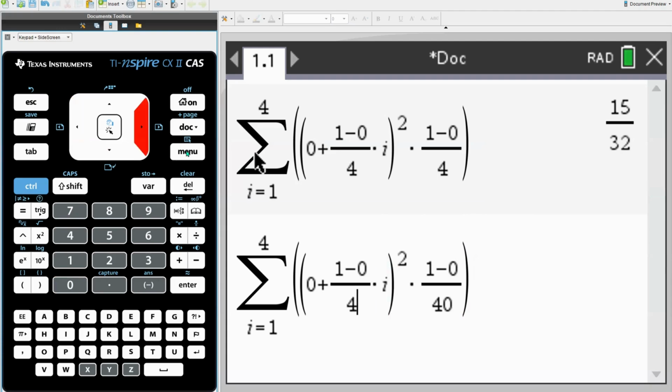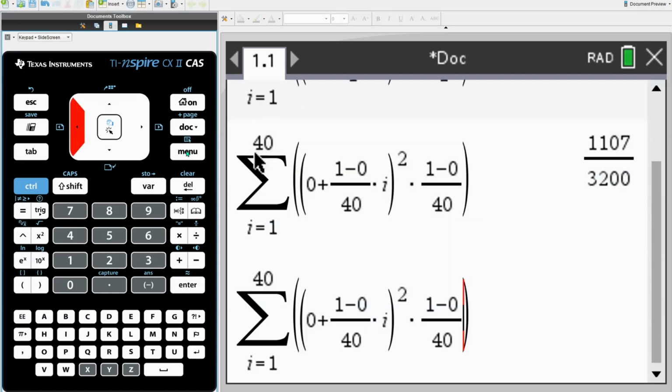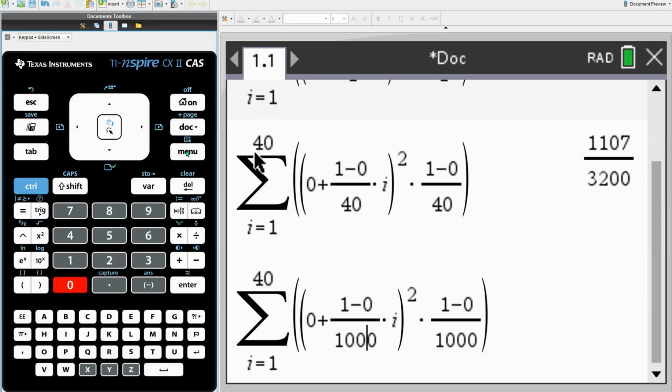Now this will take longer for the calculator to do. But we get a better estimate. Well, why stop at 40? How about we go to, I don't know, 1,000? Oops. Let's do 1,000 subintervals and see how good this estimate gets.